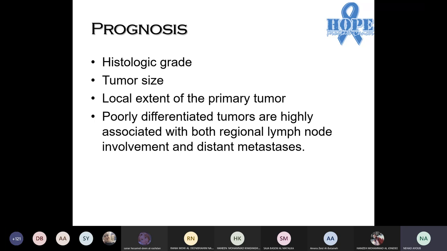طيب هلا البروجنوسيس بالبروستات cancer، when we think that the patient has good prognosis or not? إذا كان عندي low Gleason scores which mean low grades، هذا بنعتبره good prognosis.